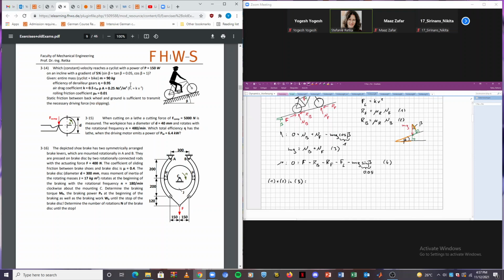Then we obtain m times g is equal to 1 over mu R times (RB plus RF).